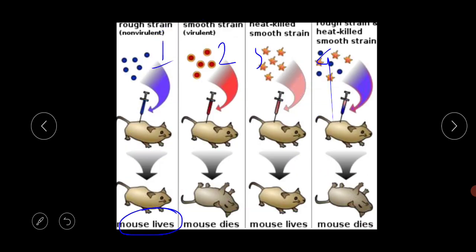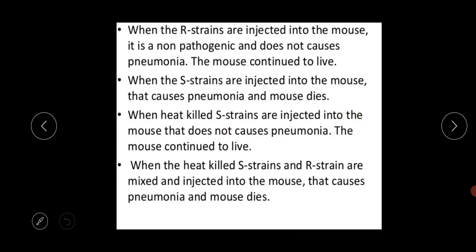Second, when we inject the virulent strain, the smooth strain, the mouse dies. The third case is when we inject the heat-killed smooth strain, the mouse lives. But when we inject heat-killed R strain mixed with the S strain, the mouse dies. So these are the four case studies.